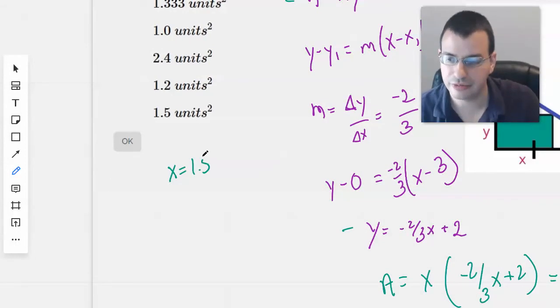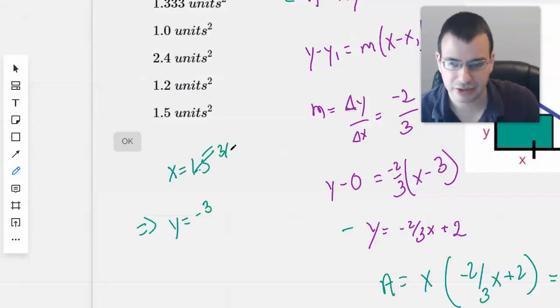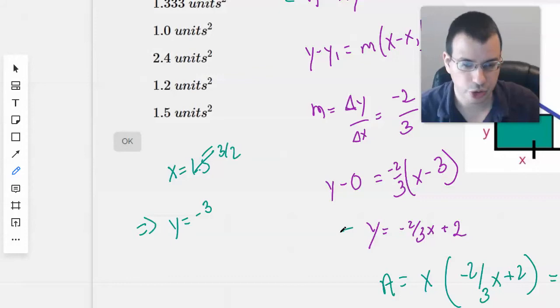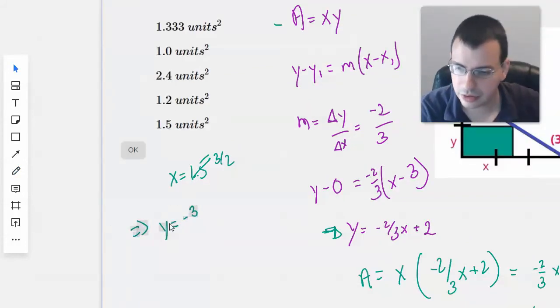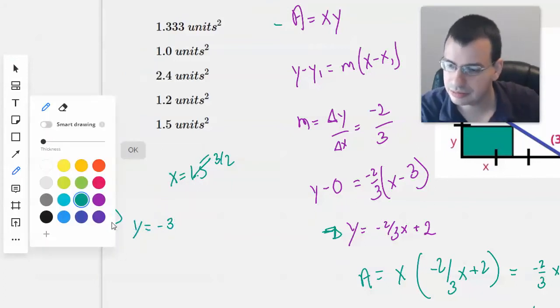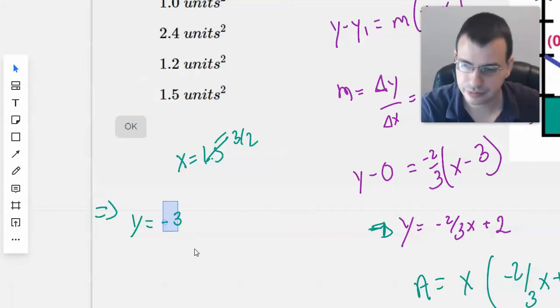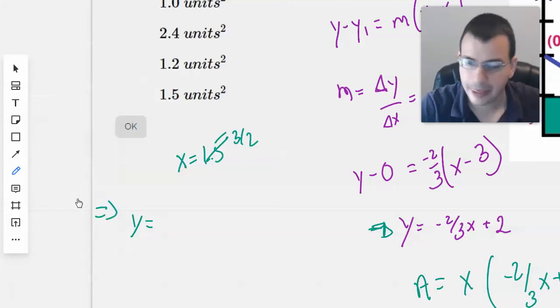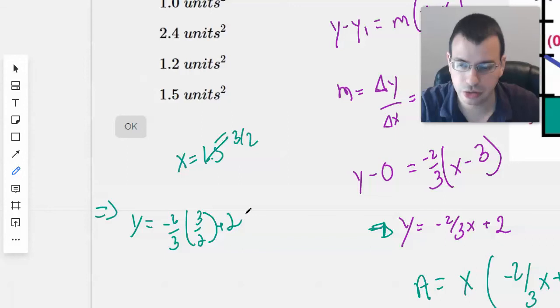X equals 1.5. Therefore, y equals... I'll write this as 3/2. We'll use this equation here to find out what y is. So y equals negative 2/3 times, we know x is 3/2, plus 2.